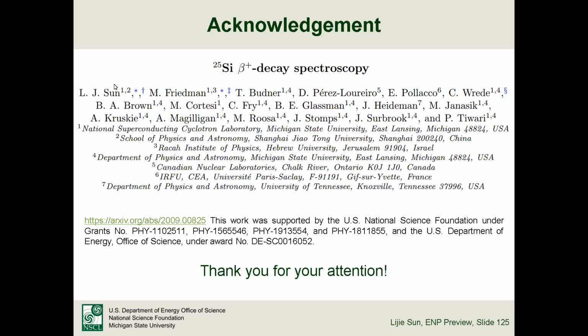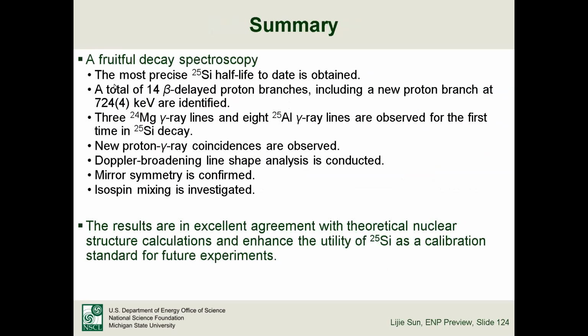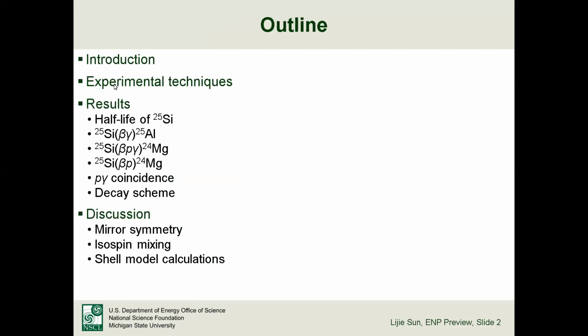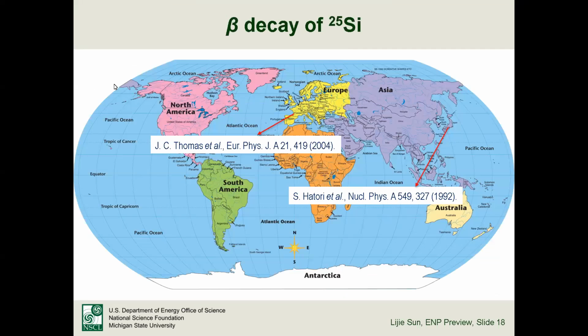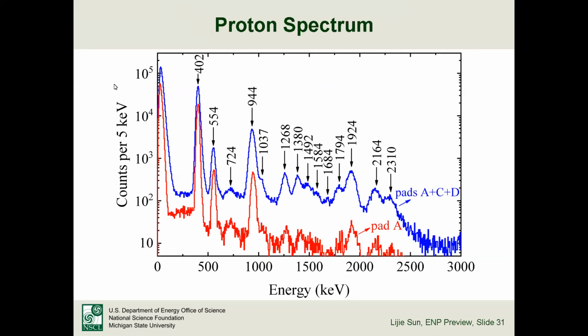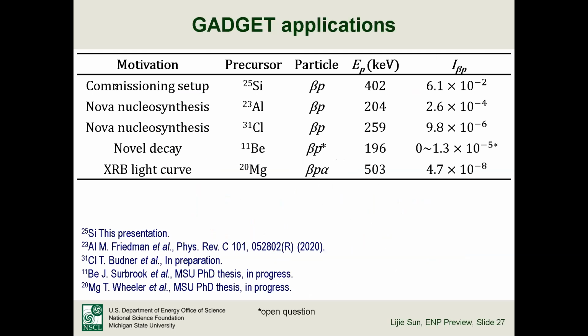You mentioned in the title the astrophysical implications of your results. Can you elaborate a little bit about that? Yeah, the astrophysics implication. I should go back to the table I have here. In this case, for silicon-25, the astrophysically interesting questions have already been solved.